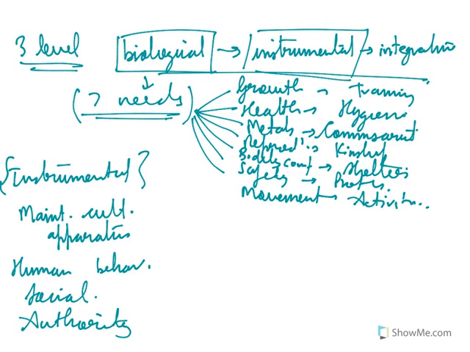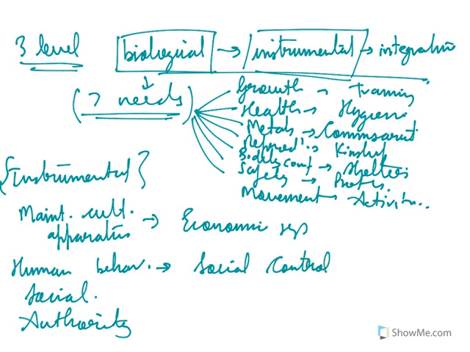And the cultural response was: for maintenance of cultural apparatus, economic system developed; for human behavior, social control. We will study about it more in cultural anthropology. For socialization, education developed, and for exercise of authority, political organization developed.